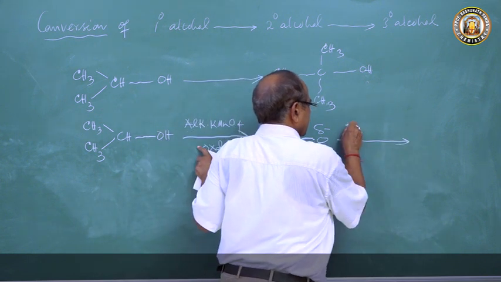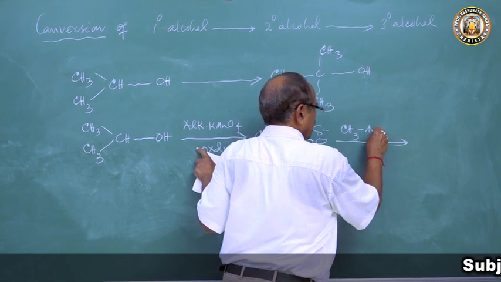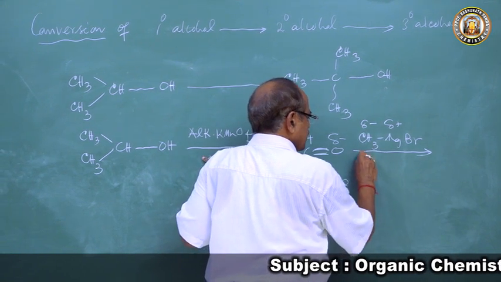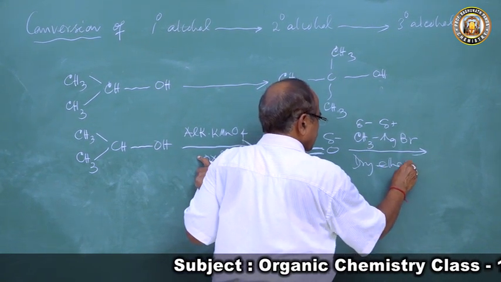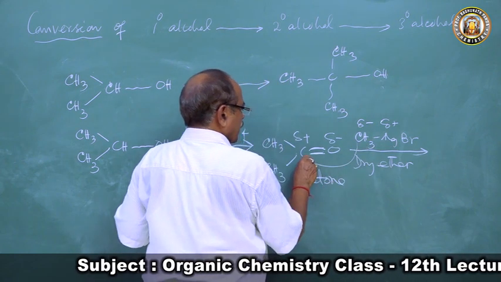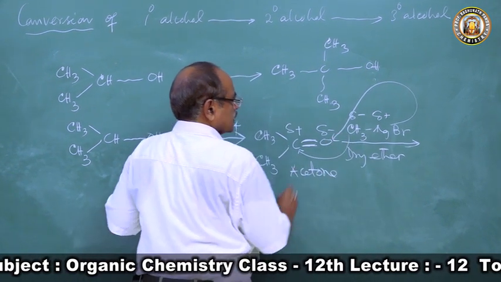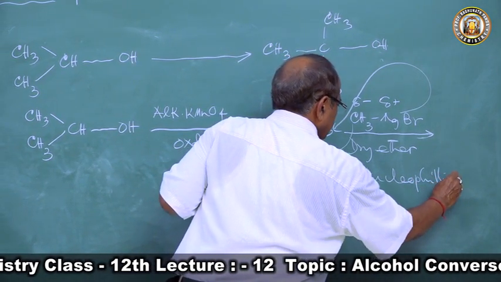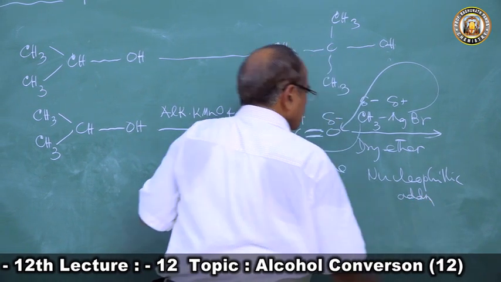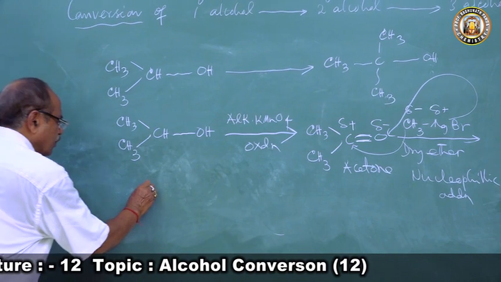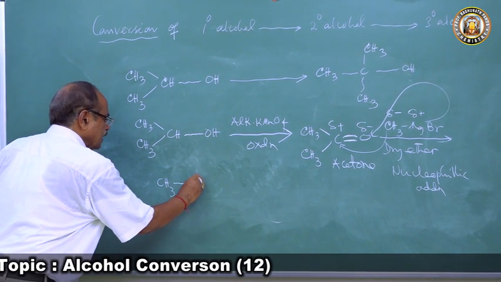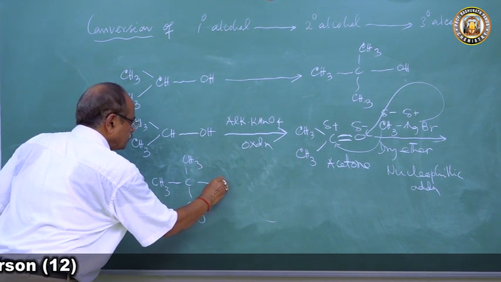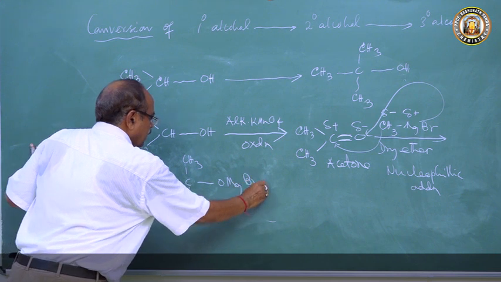We will treat this with a Grignard reagent, CH3 methyl magnesium bromide. Magnesium is positive, CH3 is negative, and this takes place always in presence of dry ether. Then CH3 will come to carbon, MgBr will go to oxygen, and this reaction is a nucleophilic addition reaction. So we got now an unstable compound, (CH3)3C-OMgBr.